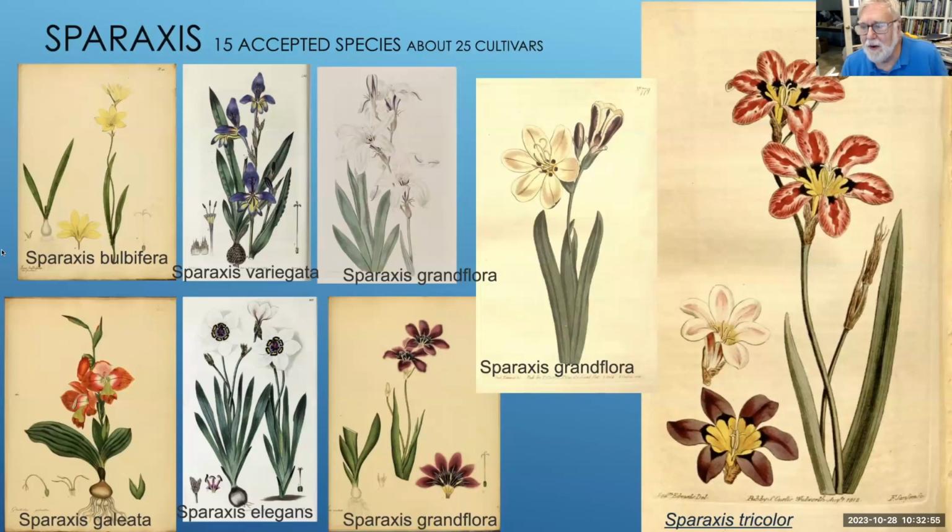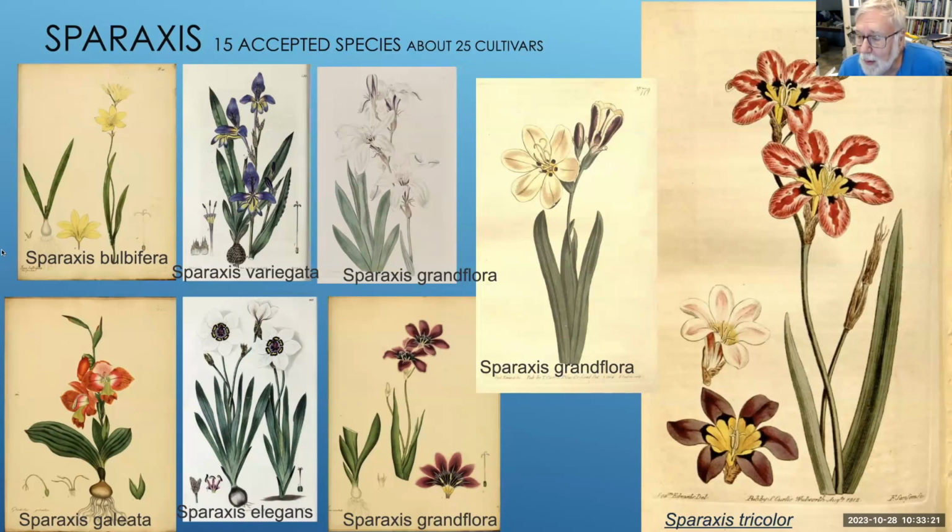Sparaxis, again, are another group similar to the Babianas, and usually the bulb firms that offer Babianas also offer Sparaxis. But notice Sparaxis variegata up in the left, the blue, is very much different from Sparaxis grandiflora that has the actinomorphic flowers.